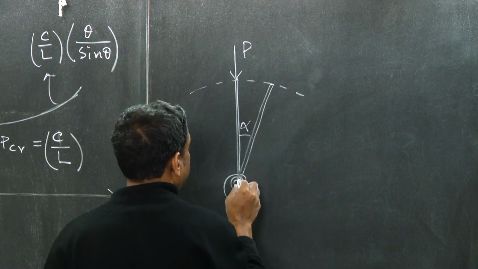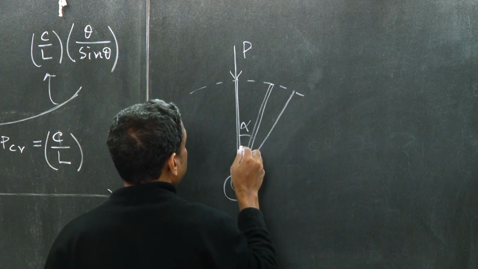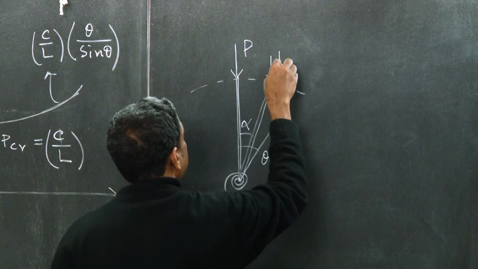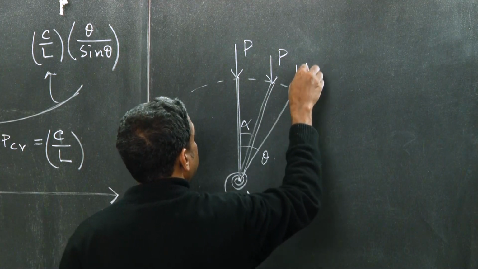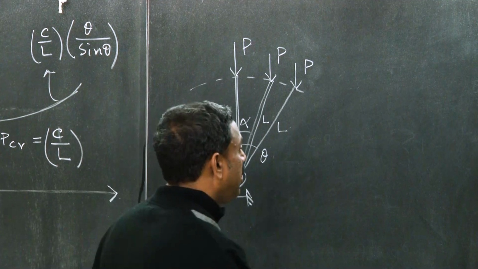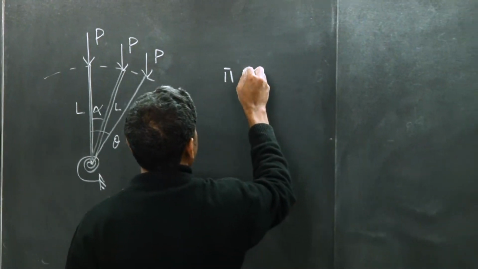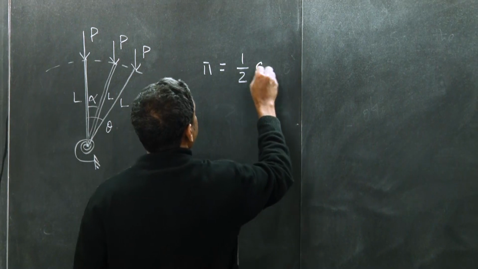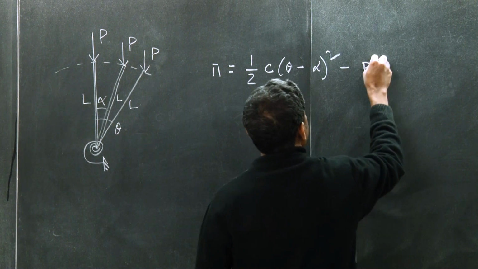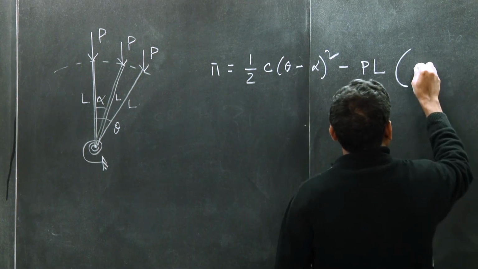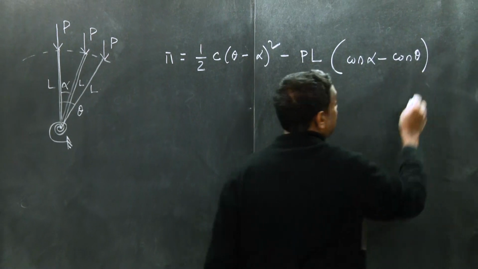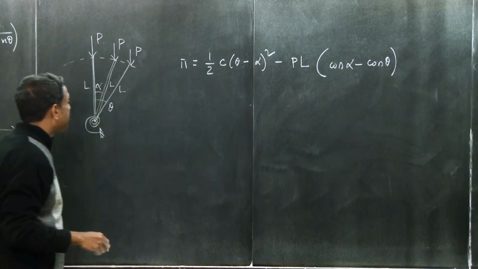And then further I am pushing it, theta. And this is P, this is P, this is L. So, what will be the potential energy functional? Pi equals half C, theta minus alpha squared, minus PL times cosine of alpha minus cosine of theta, right?